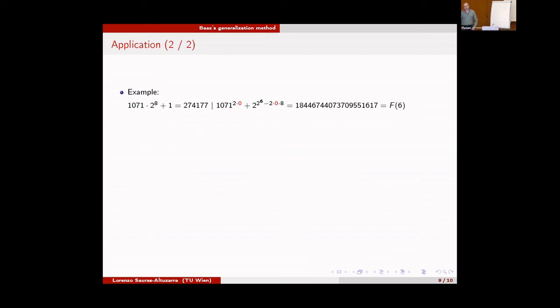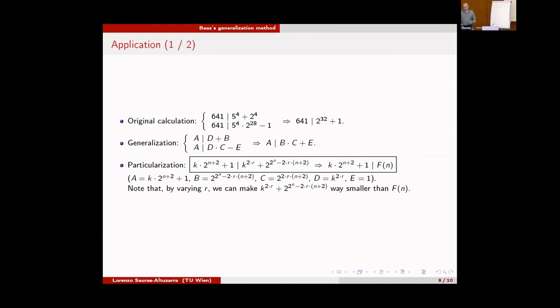Here we have that this number divides the 6th Fermat number. By the way, in this concrete example, you always are going to have the Fermat number as the value of R equal to 0, because as you can see here, the first one is going to be 1, and the second one is going to be 2 to the n.